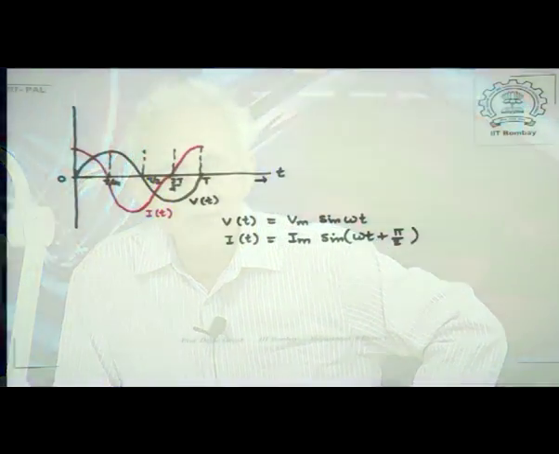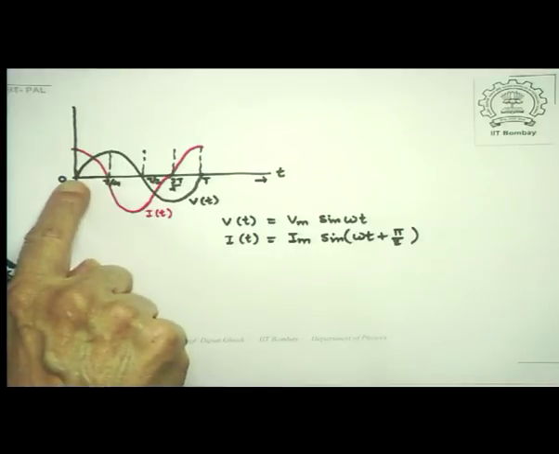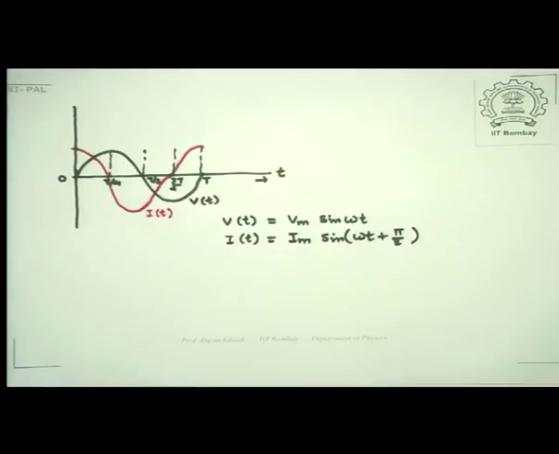I just want to point out that these are representative curves, in the sense it is not as if the voltage is switched on at time t equal to 0, but as the circuit is still on, we take the time t equal to 0 at some instant where the voltage is 0 and the current is positive maximum.